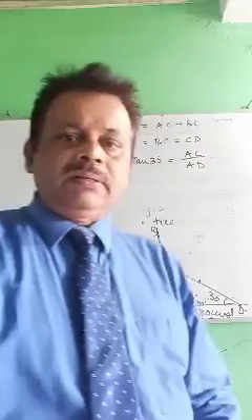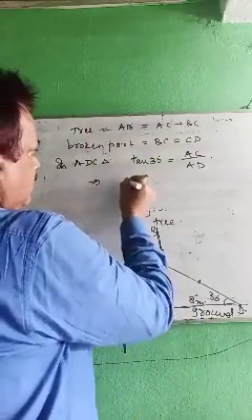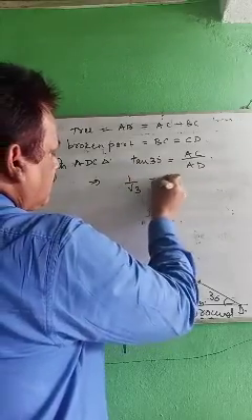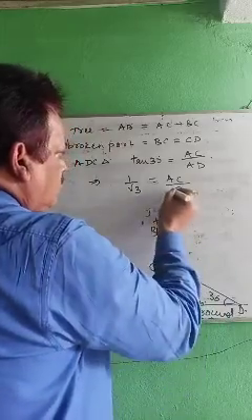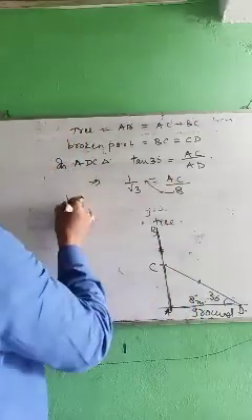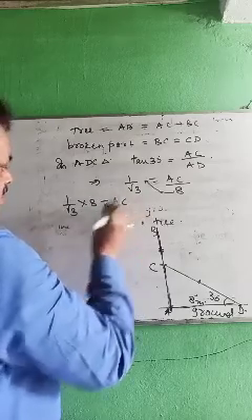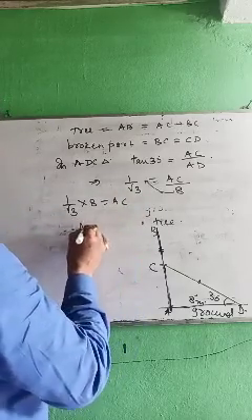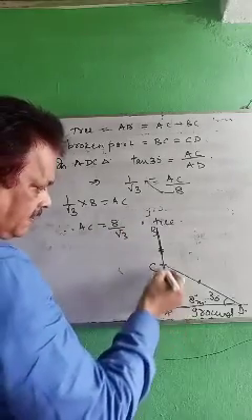You have to remember that tan 30 degrees equals 1 upon root 3, so 1 by root 3 equals AC by AD, which is 8. Cross multiplying, 1 by root 3 into 8 equals AC. Therefore AC equals 8 by root 3.